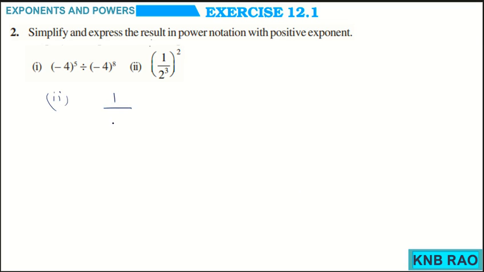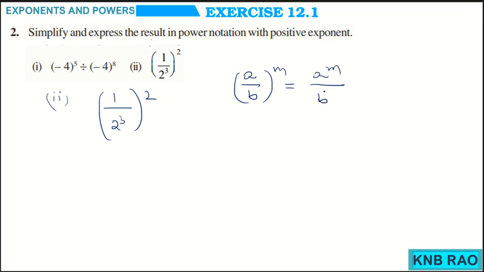In question number 2, 1 by 2 cube whole square. We have already learned that a by b whole power m can be written as a power m by b power m. Using this identity, I will write 1 upon 2 cube whole square as 1 square upon 2 cube whole square.